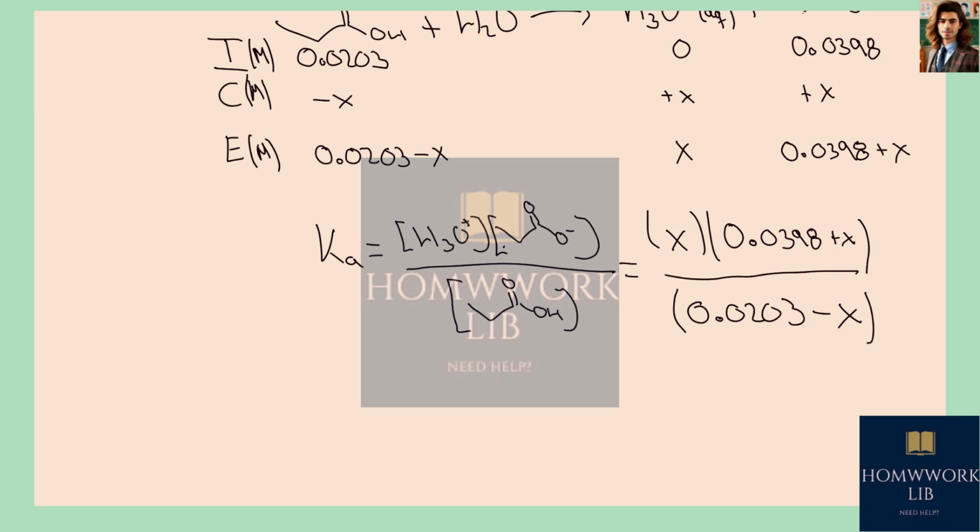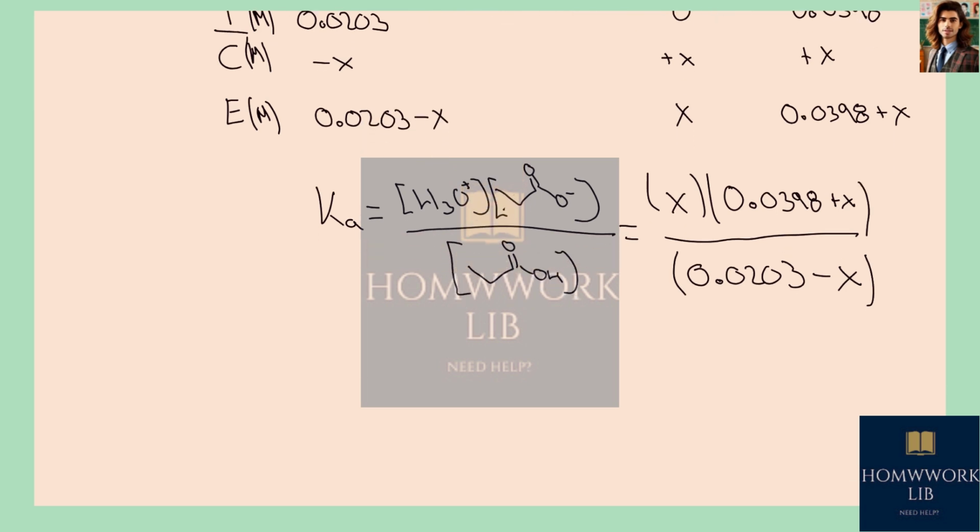Now, we know that our value for Ka is equal to 1.3 times 10 to the minus 5. So we know that this acid dissociates very little, so the value for X is going to be very small.